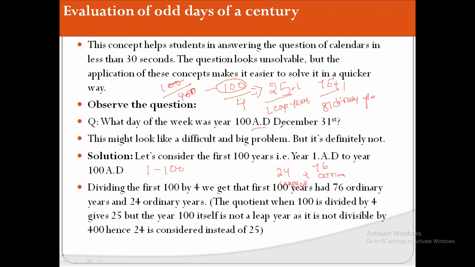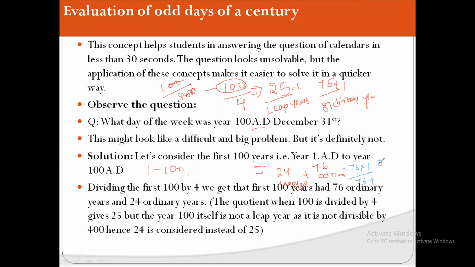Now, converting these to find the day, 76 ordinary years will have 76 odd days, because each ordinary year has 1 odd day.